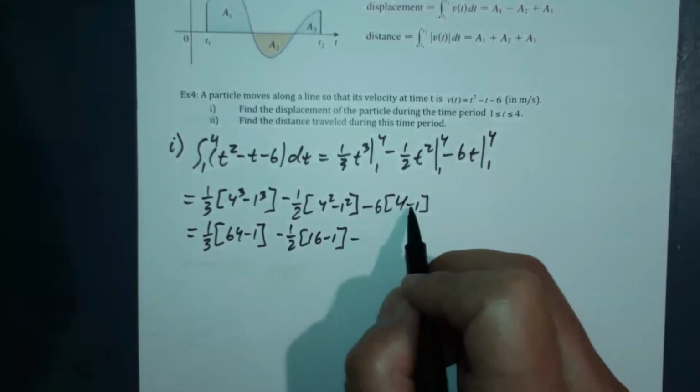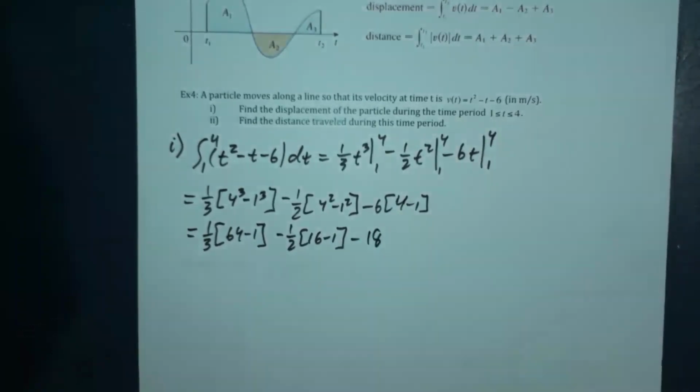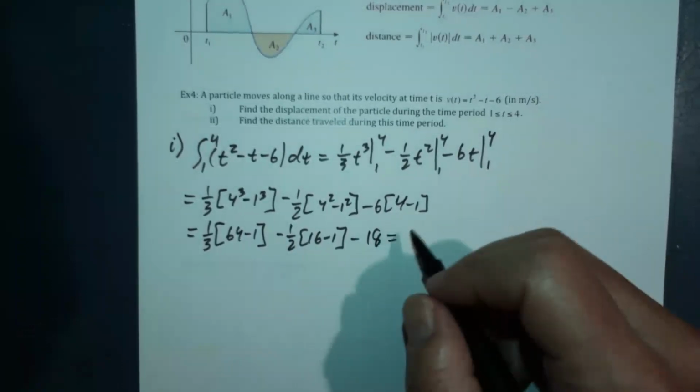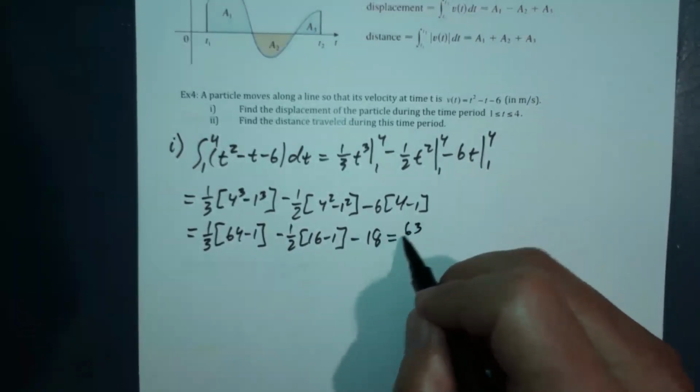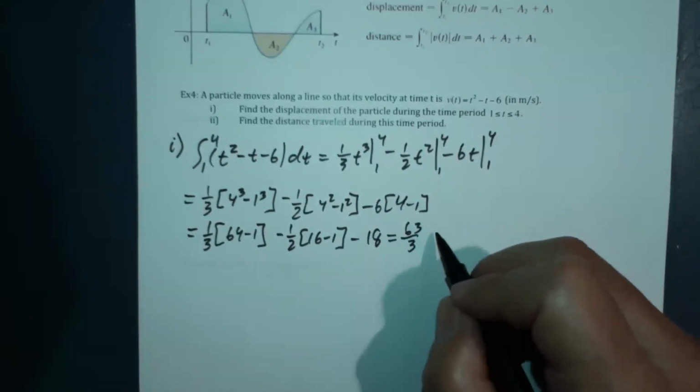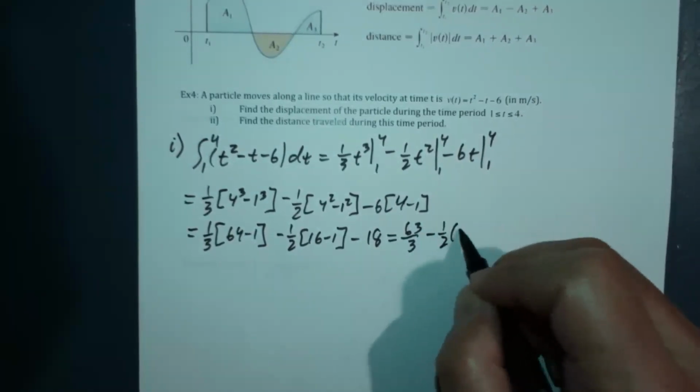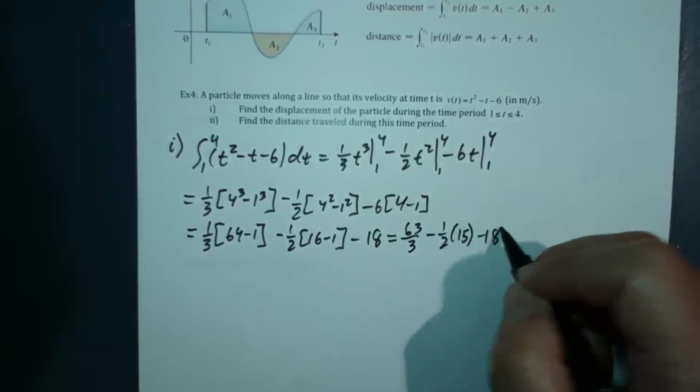Minus, that's going to be 6 times 3, which is 18. And let's keep going. So 63 over 3 actually does reduce. Minus 1/2 of 15, minus 18.